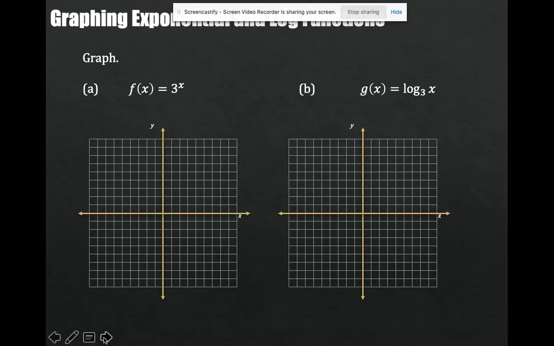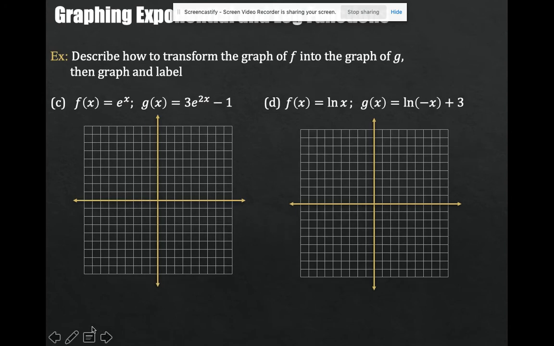So speaking of characteristics, here we are going to describe how to transform the graph. Describe in words how to transform the graph, and then graph and label.